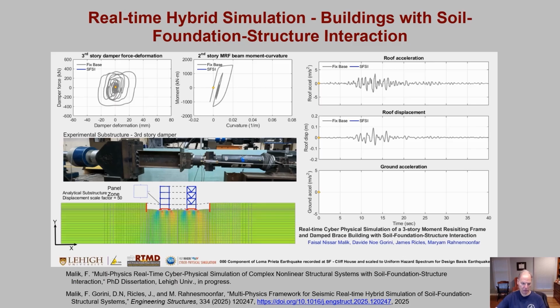What is particularly shown here is for the fixed base, we have the damper force, damper deformation. This is the gray hysteresis. It really shows some characteristics of a nonlinear viscous damper. This is at the third story.